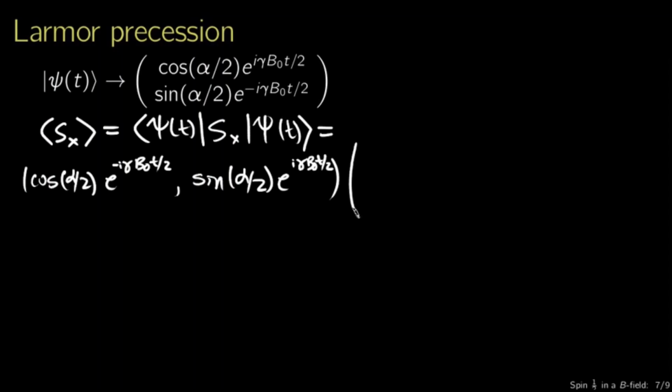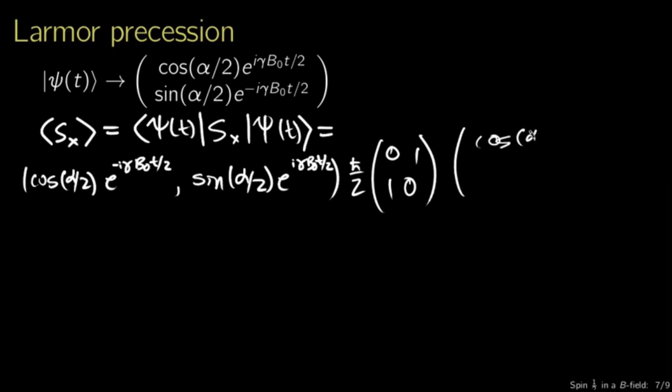The S sub x operator, we know what that is expressed in this basis. It is given by h bar over 2, 0, 1, 1, 0. And then our psi of t is our column vector as before, cosine alpha over 2 e to the i gamma b0 t over 2, sine alpha over 2 e to the minus i gamma b0 t over 2.